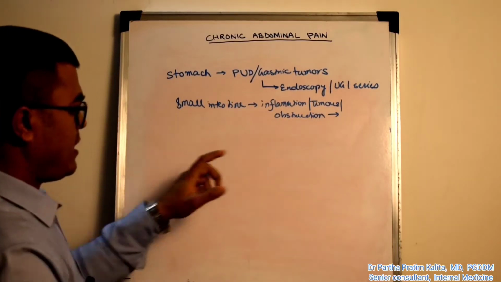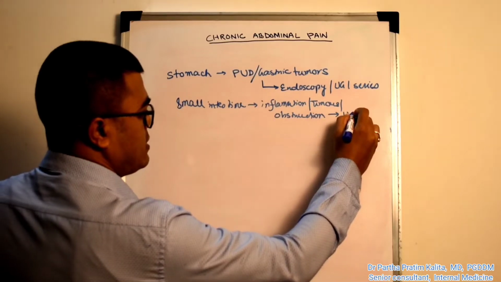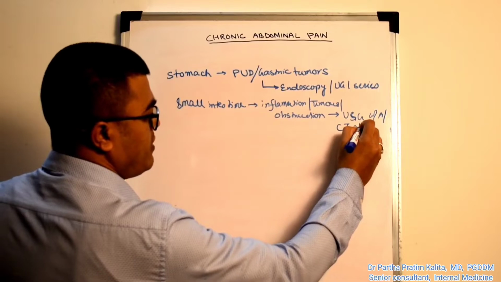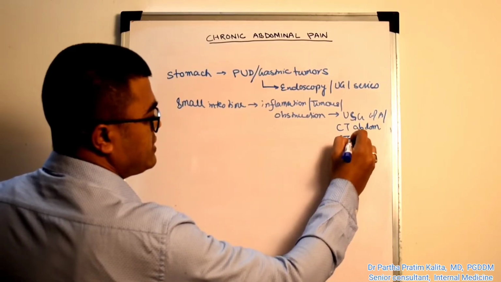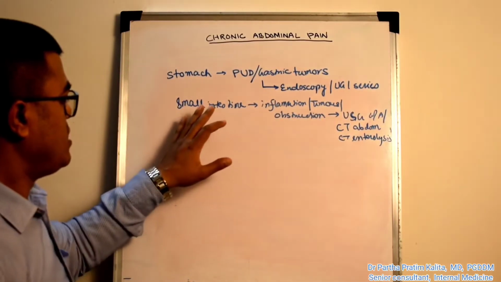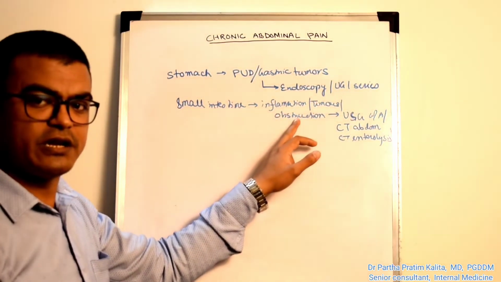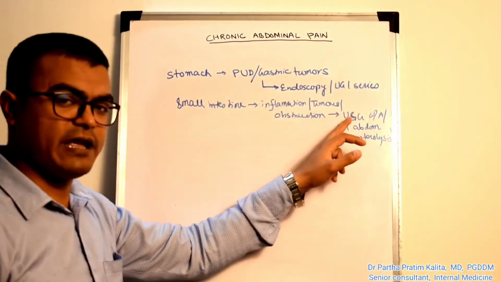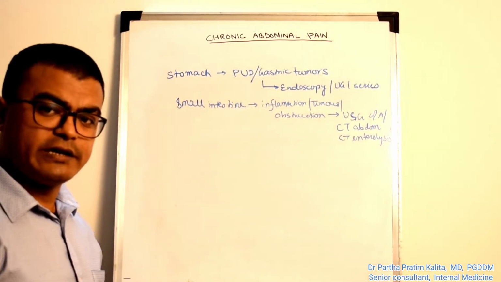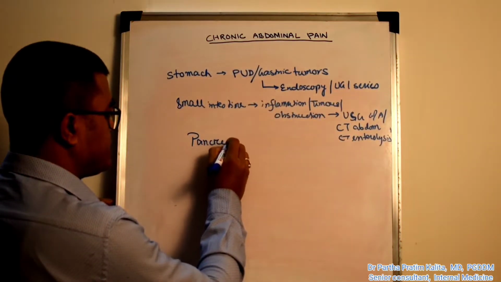So to evaluate all these conditions, we can go for an ultrasound of the whole abdomen, then we can go for a CT abdomen or a CT enteroclysis. So in the small intestine there can be inflammation, tumors or obstruction causing chronic abdominal pain, and that can be evaluated by these investigations.